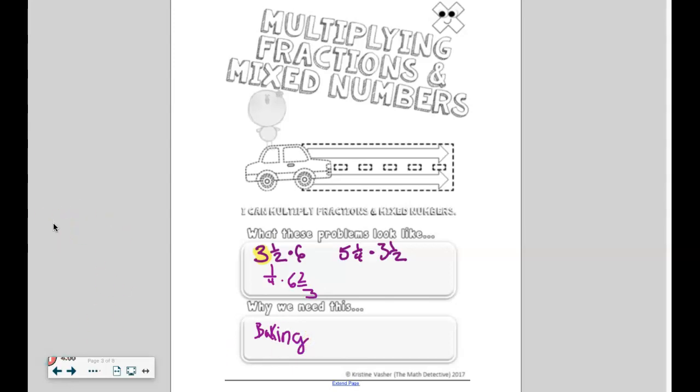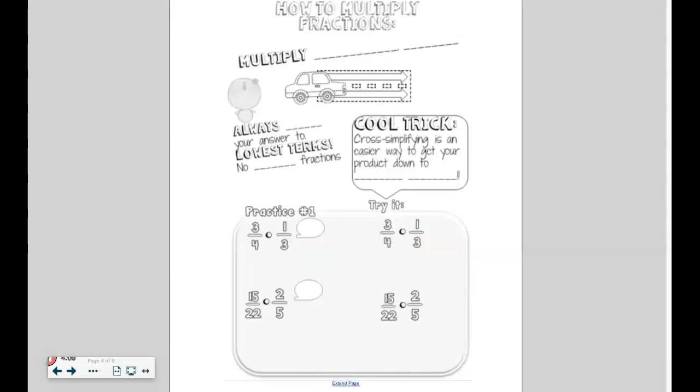So finding a fraction of a number, recipes, measurement, construction are all times that you might use multiplying fractions.